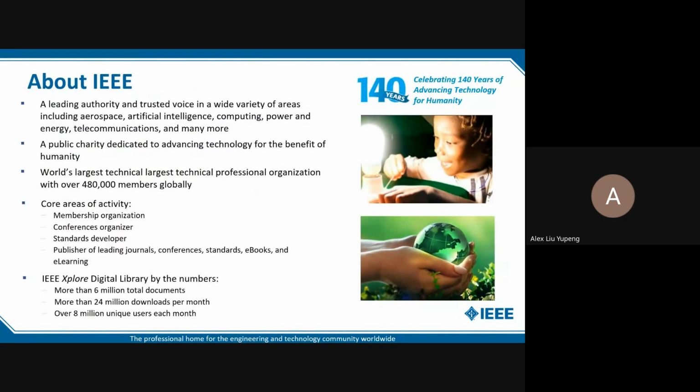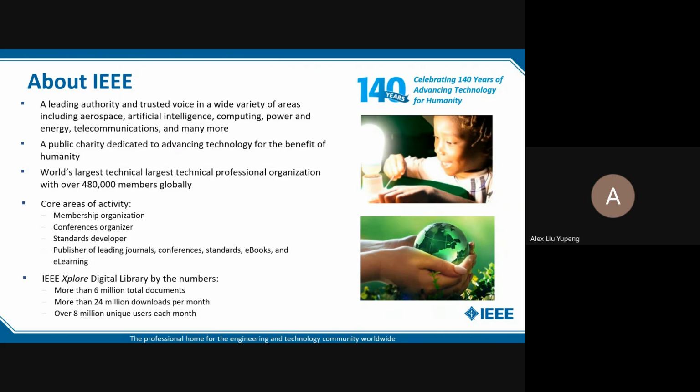IEEE is currently the world's largest technical membership organization. How it works is we organize what we call technical societies. For example, if you are a student, researcher or faculty, we welcome you to join IEEE as a member. And depending on your interest, for example, if you're interested in computer science, then we have a Computer Society.